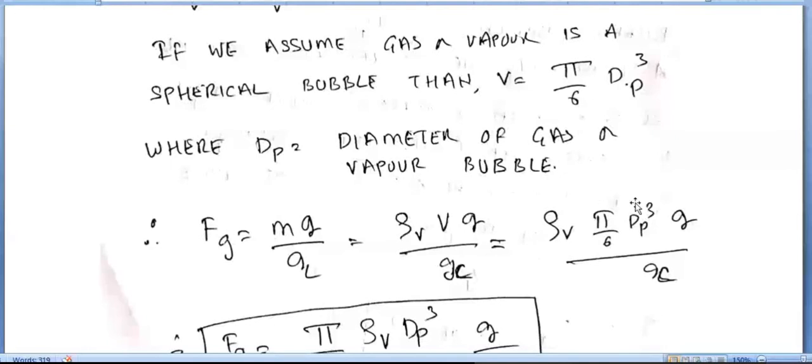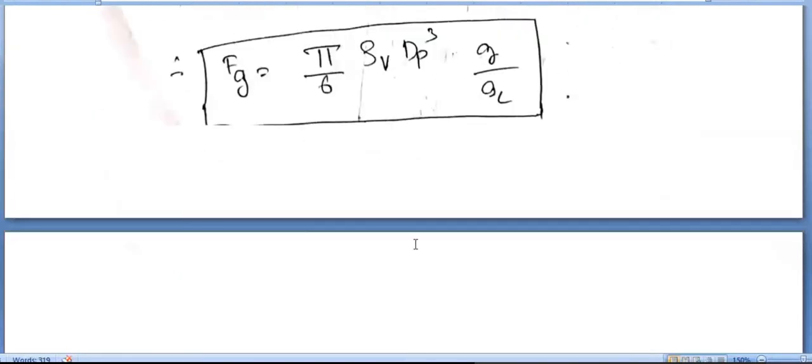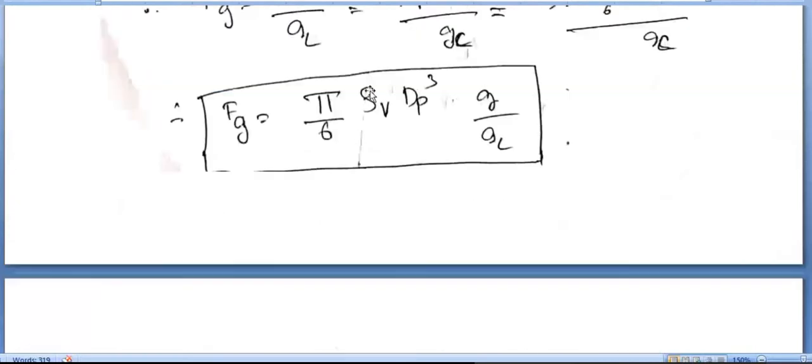So what I have done is convert F equal to mg by gc into our equation. In this equation you have the density of the air bubble or gas, and the diameter of the gas bubble. Similarly, if you replace the density of the vapor with the density of the continuous phase, that is the liquid, this formula becomes the buoyancy force.